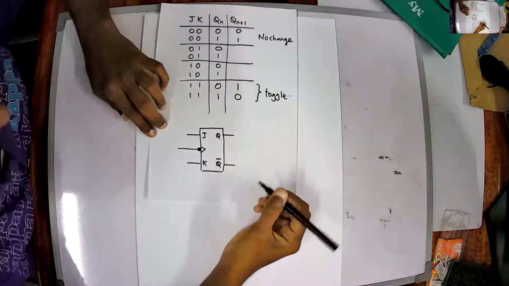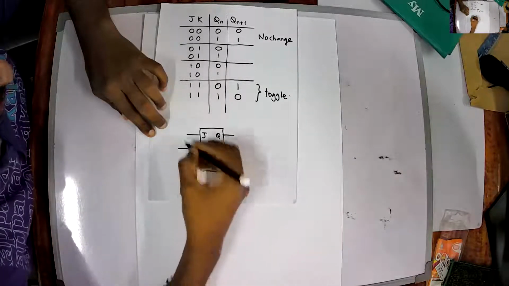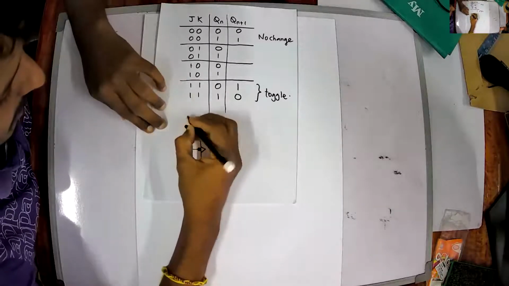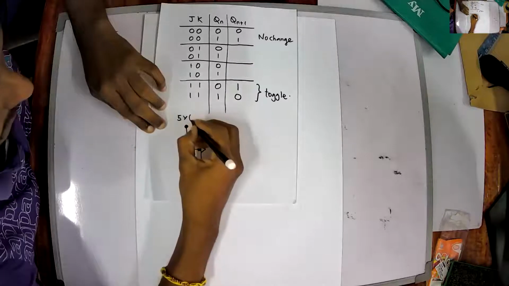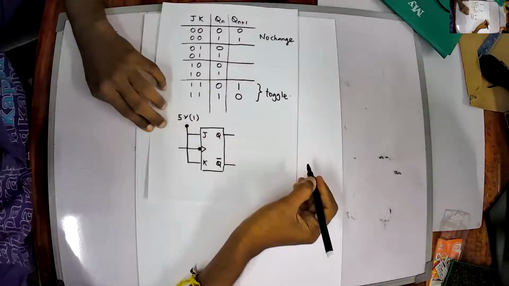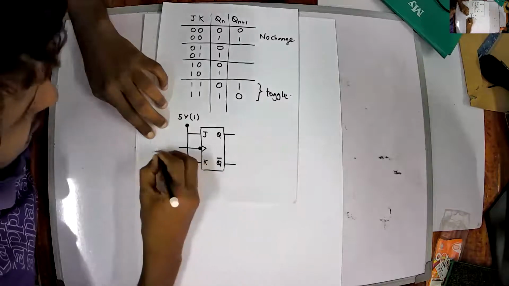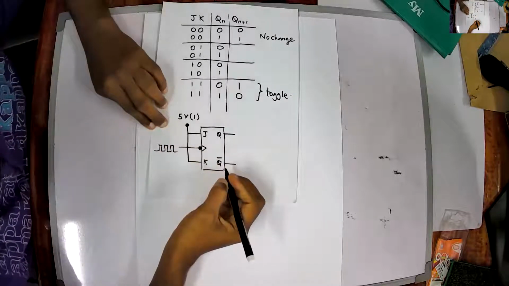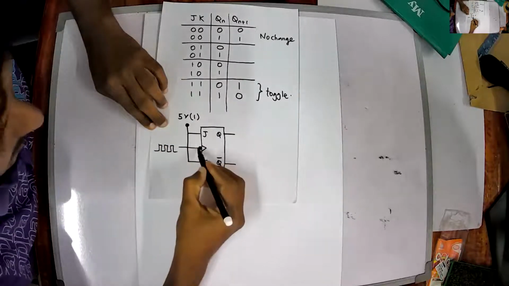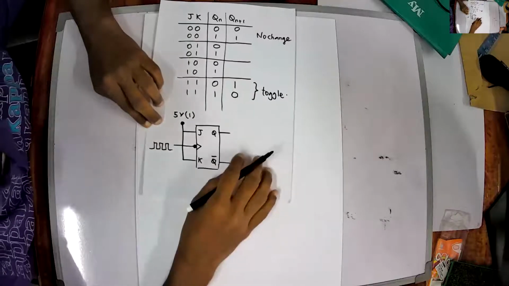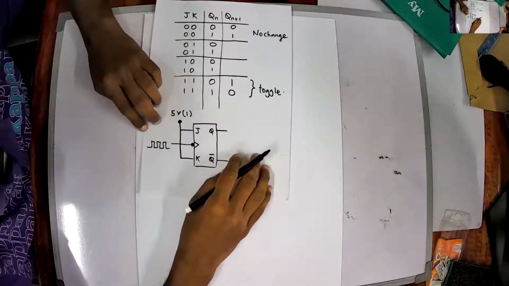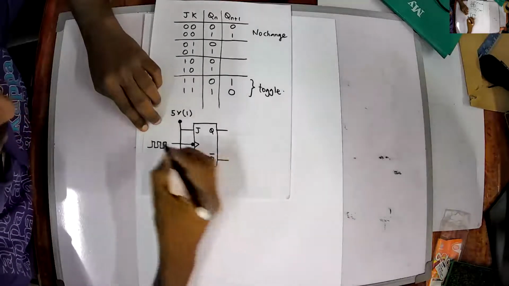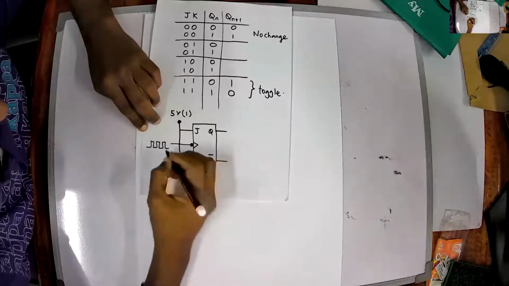J and K are connected to a high voltage, or 1, say 5 volts, or a digital 1 or high. Assume we are giving a clock pulse, and as I said, it is a negative edge triggering flip-flop. So your Q will change whenever you encounter a negative edge in the circuit.